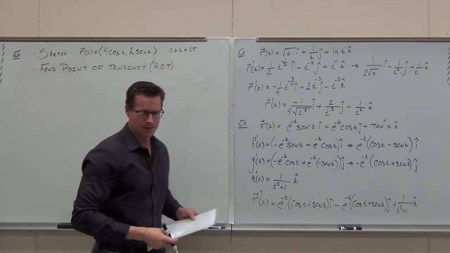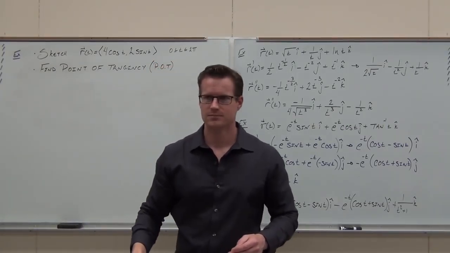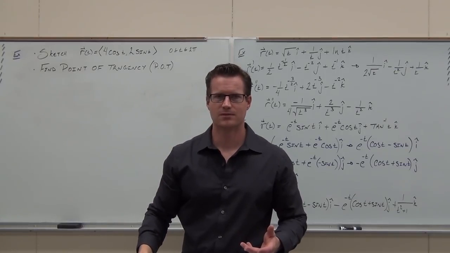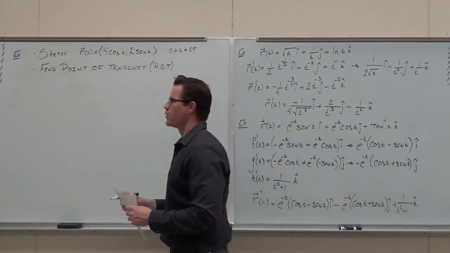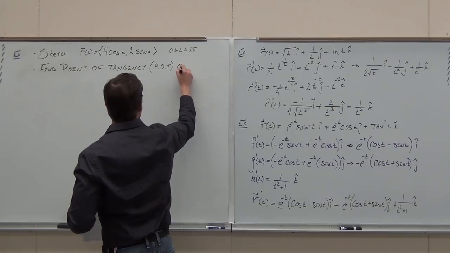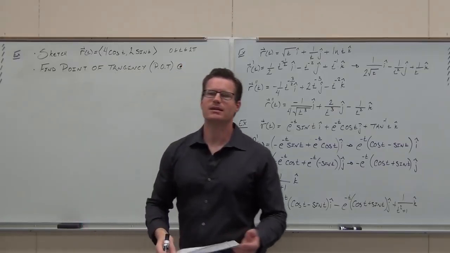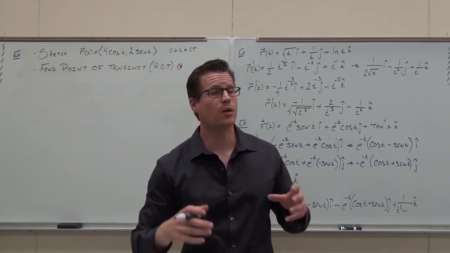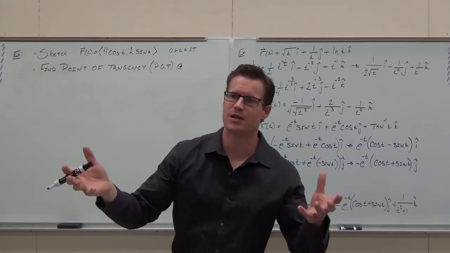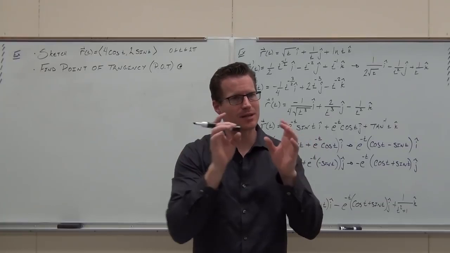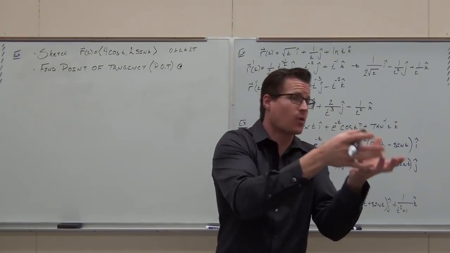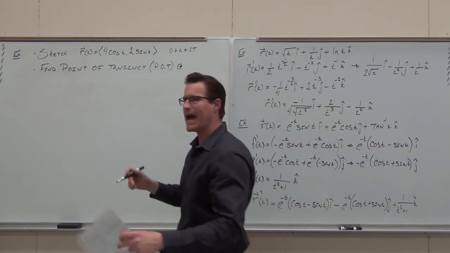Now listen, I can't give you a point x, y, z because all of these vector functions are based on what independent variable, what parameter? They're based on t. So I have to have it at a time rather than at a point. The time is what gives us the point of tangency.